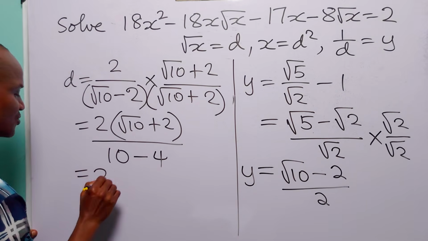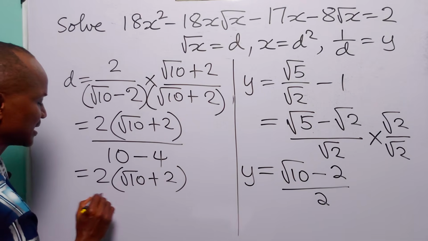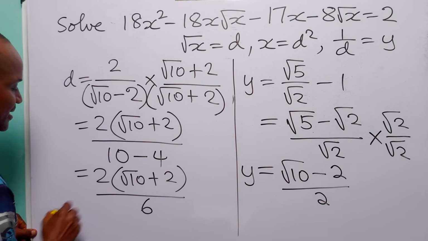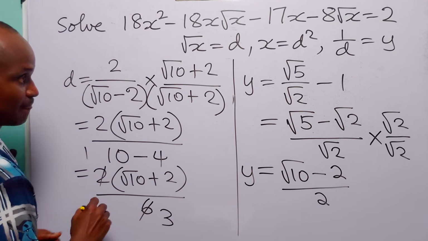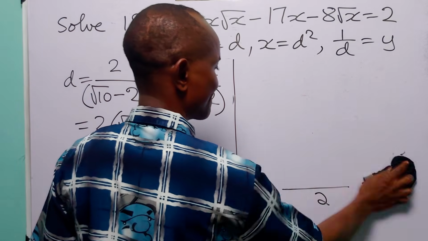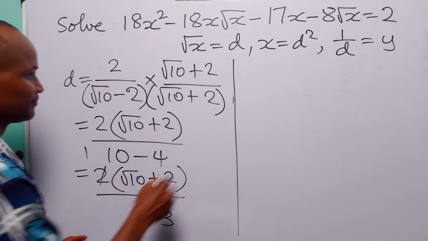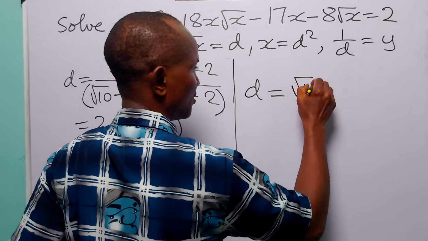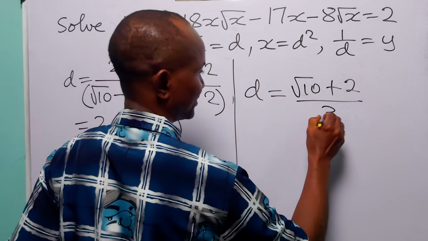Now this is equal to 2 times root 10 plus 2 divided by 10 minus 4, which is equal to 6. 2 into itself is 1 and into 6 is 3. So we have that d is equal to root 10 plus 2 divided by 3.